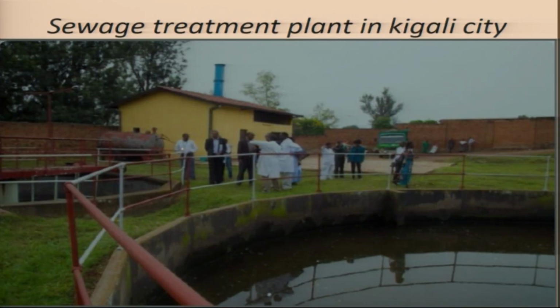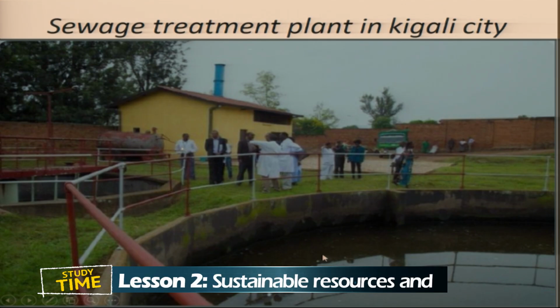So at the end of the day, the water that is produced from there, that is sewage, as I said, sewage treatment plant in Kigali. When you happen to reach there, you will see where you start, it is dirty water.